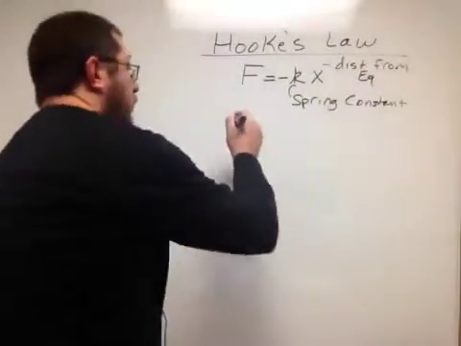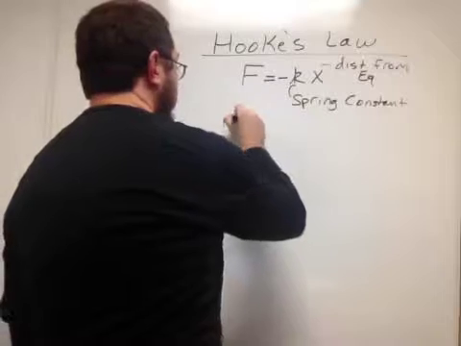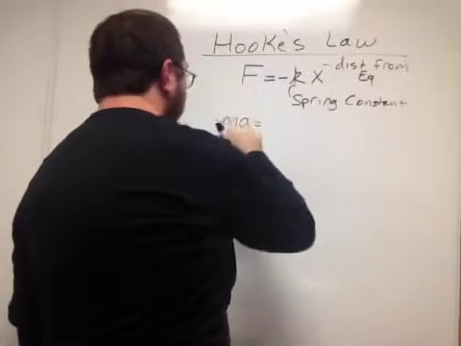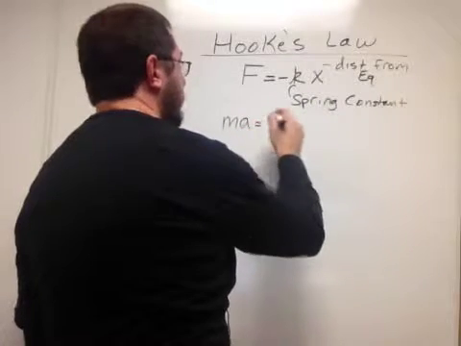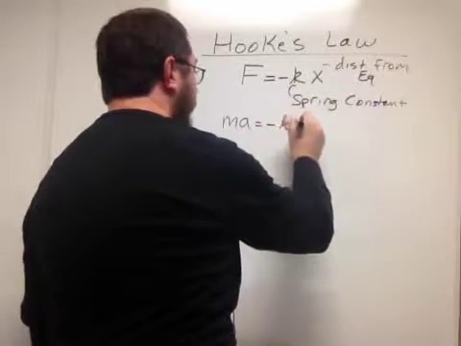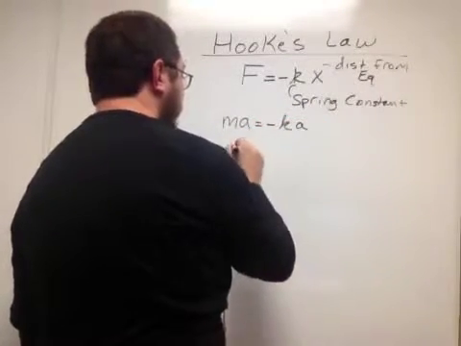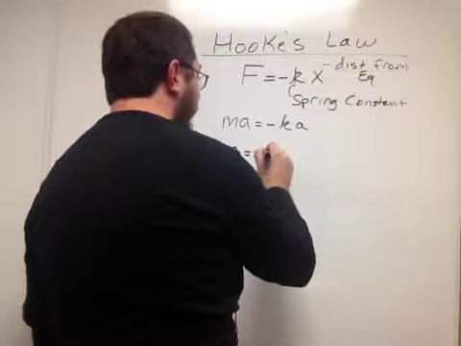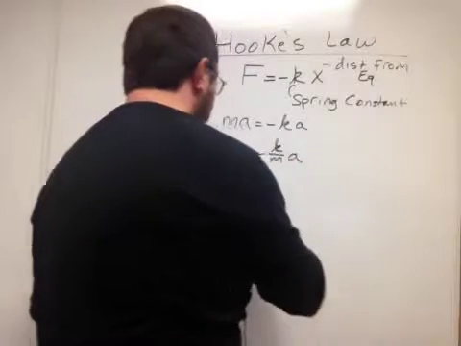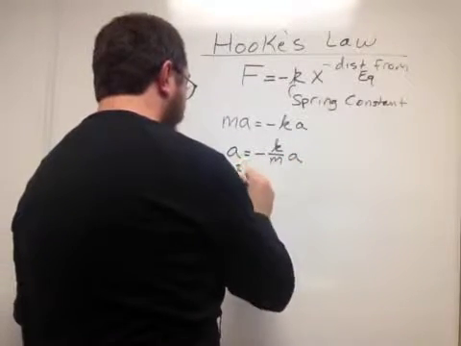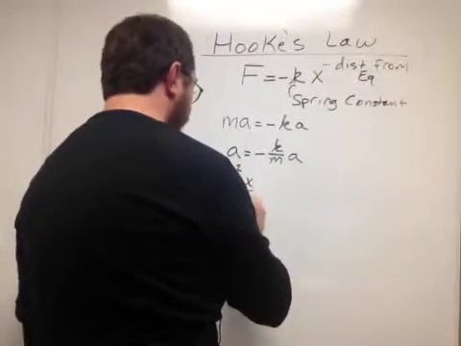So the equation of motion would look like this. F is ma, and if I just have a mass hanging off of a spring, then my mass is constant. So I'm going to have ma equals negative kx, and a is therefore negative k over m times x. And this is going to be the second derivative of x with respect to time.